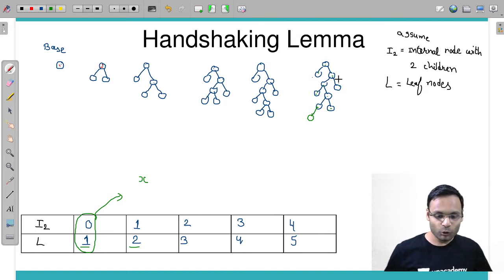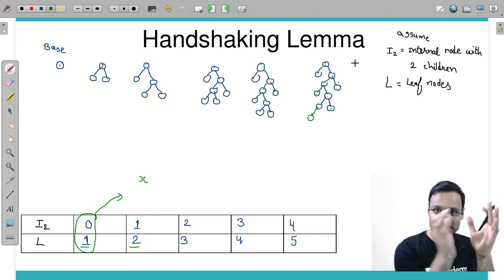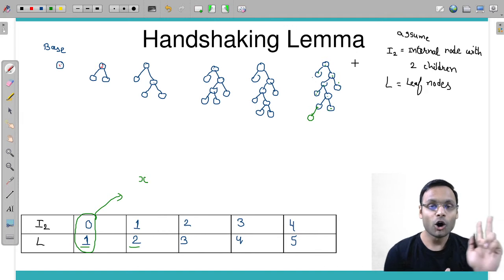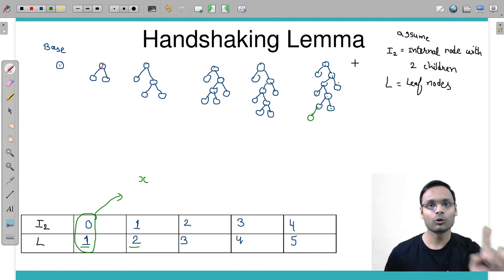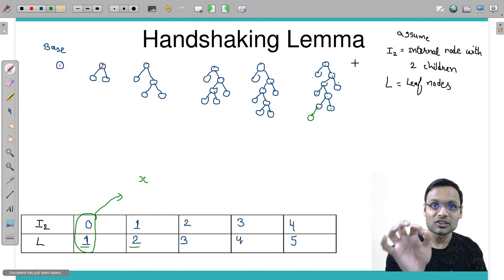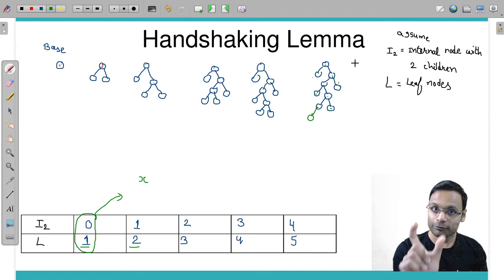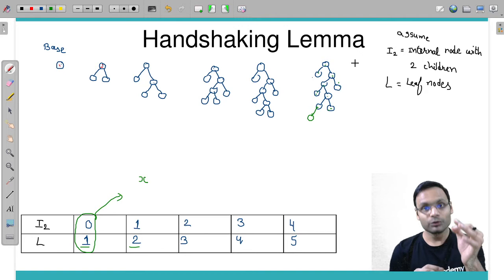The number of leaf nodes will remain the same if you have 0 internal nodes with a single child, or 1 internal node with a single child, or 2 or 3 or 4 or 1000 internal nodes with a single child. अगर एक चाइल्ड के कितने ही नोड आप रख लो, numbers will not increase. The number of leaf nodes will increase only when you have an internal node with two children.